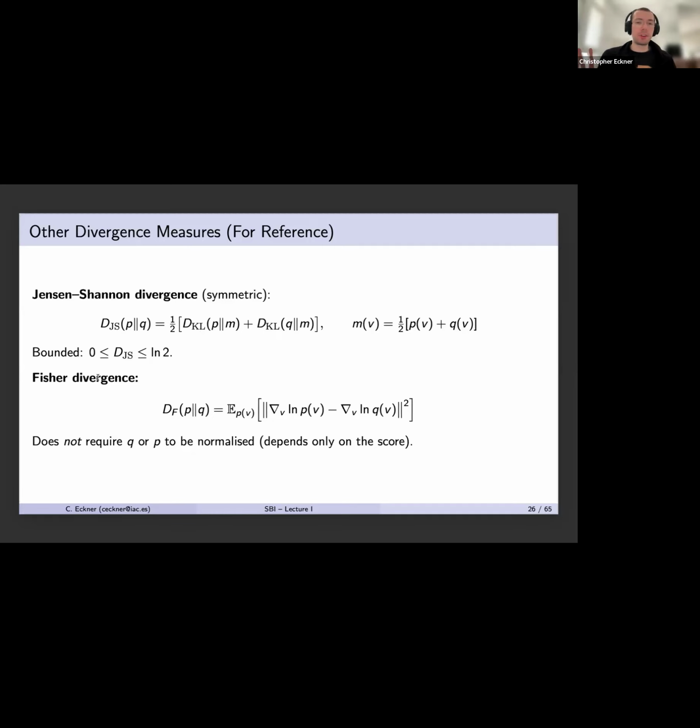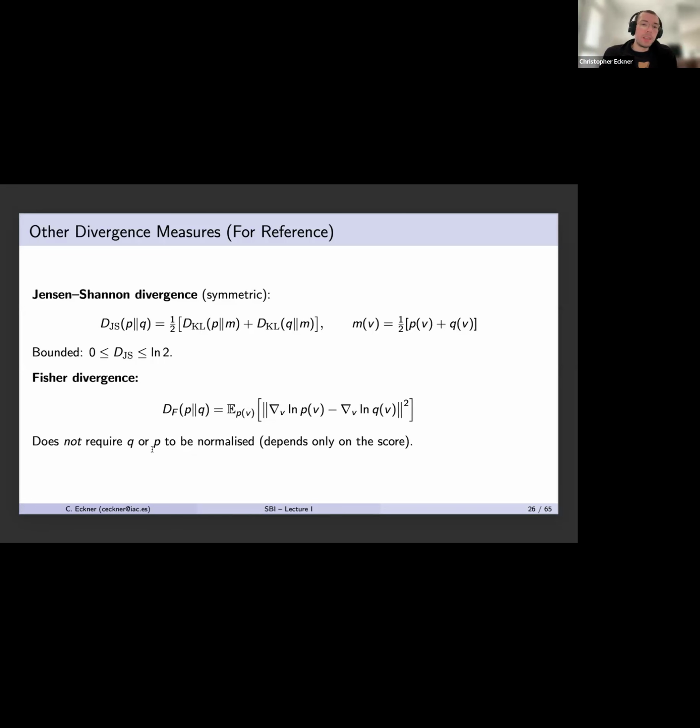And then there's the Fisher divergence. This one is a bit different because it is a score-based divergence measure based on the gradient of the log of your probability distribution.